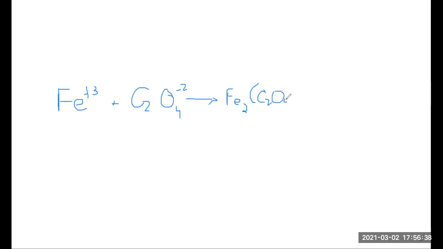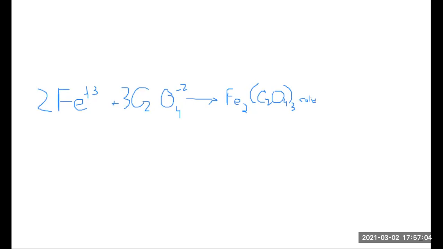And obviously I didn't balance this reaction going into it. All right, so I would have to go back and put a 3 here and a 2 here. But the key feature is this is a solid, okay? This is something that actually makes a precipitate.